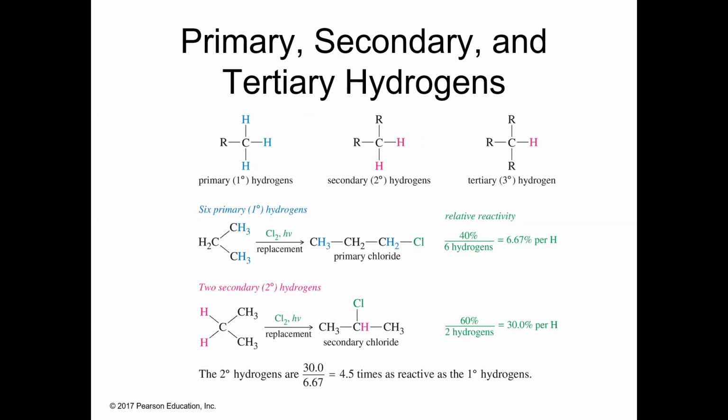A primary carbon is directly bonded to one other carbon. The secondary carbon is bonded to two other carbons, and the hydrogens on that secondary carbon are called secondary hydrogens. And if that carbon is bonded directly to three other carbons, then it's a tertiary carbon and it's bonded to a tertiary hydrogen.